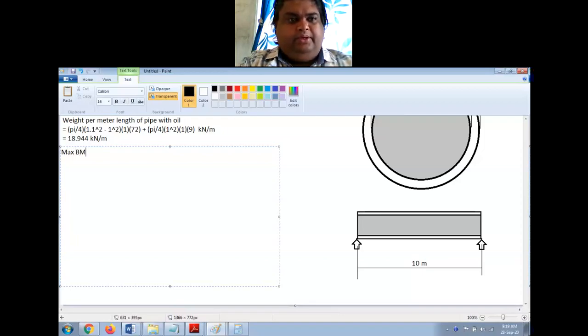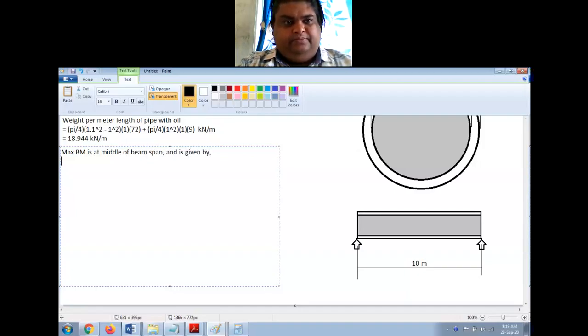Maximum BM is at middle of the span and is given by BM max is equal to WL square by 8.